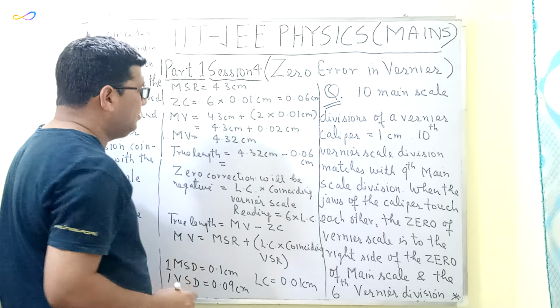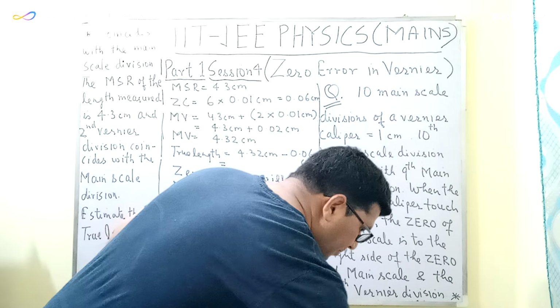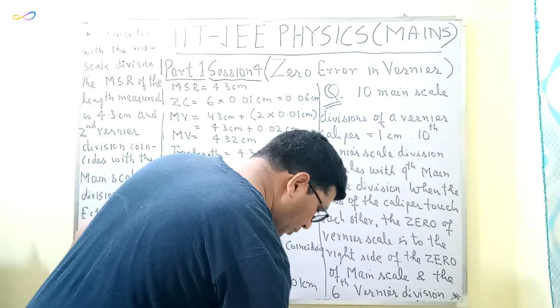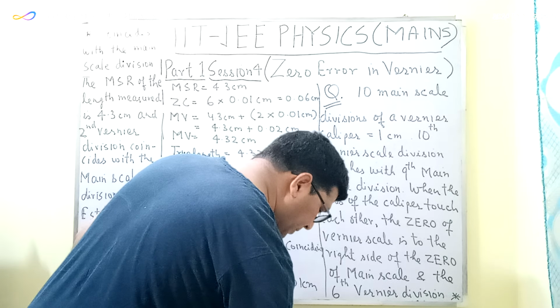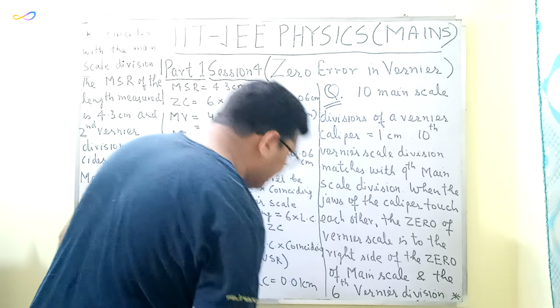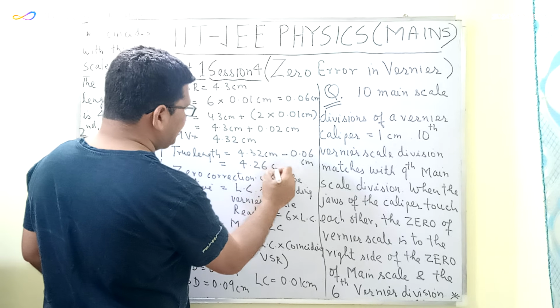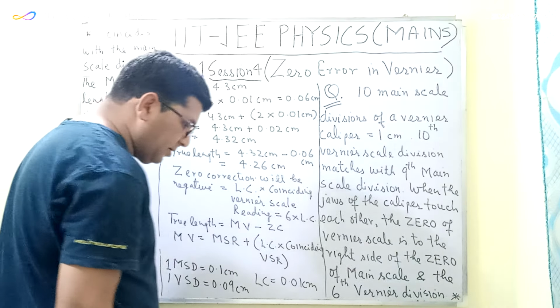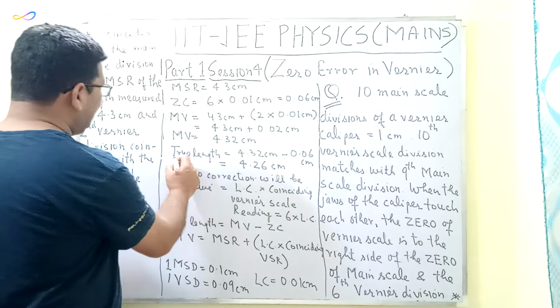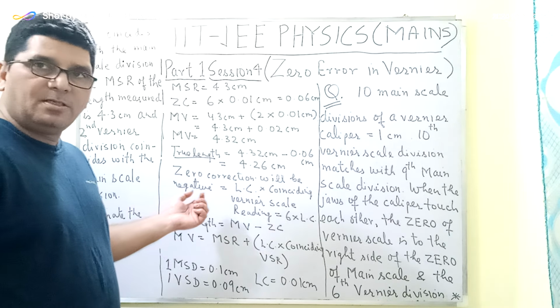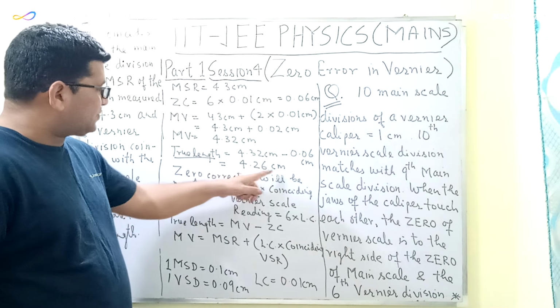So this is equal to 4.32 minus 0.06. This is equal to 4.26 centimeter. So the true length is equal to 4.26 centimeter.